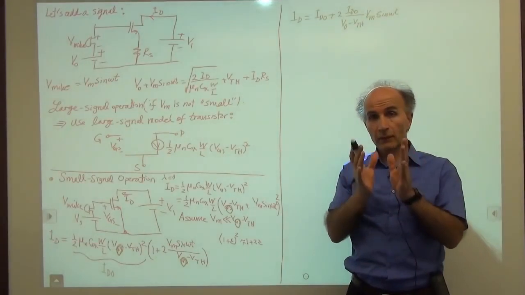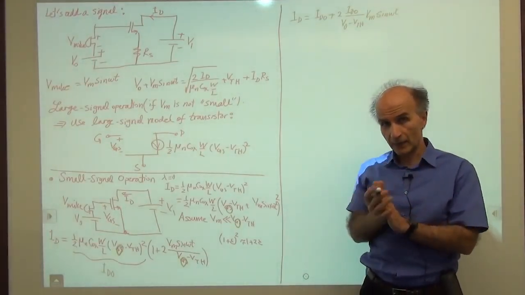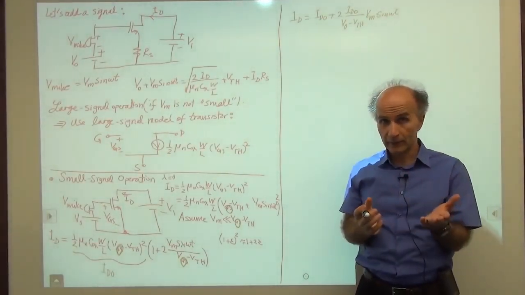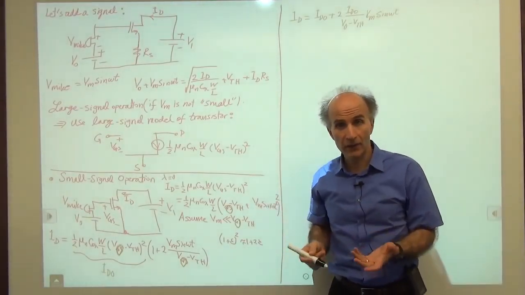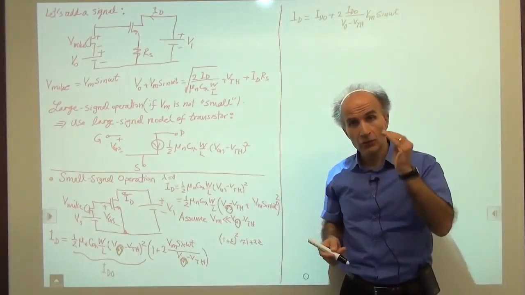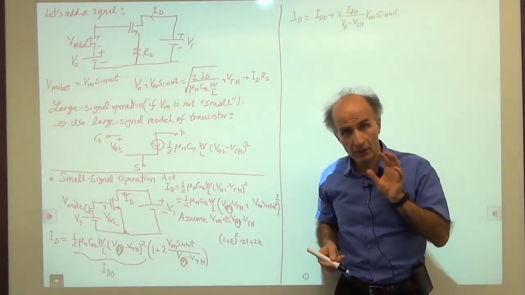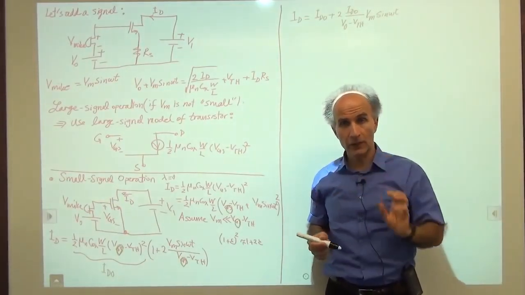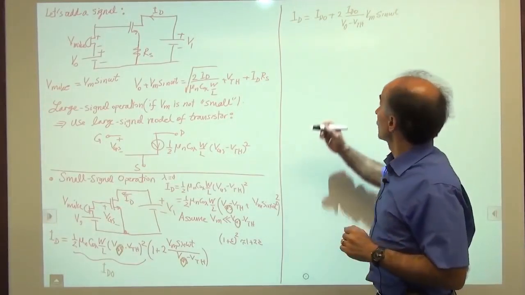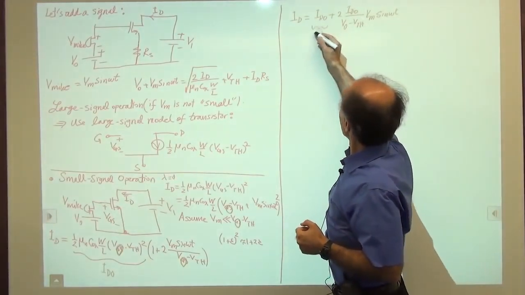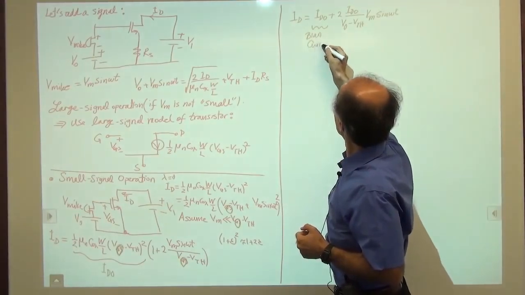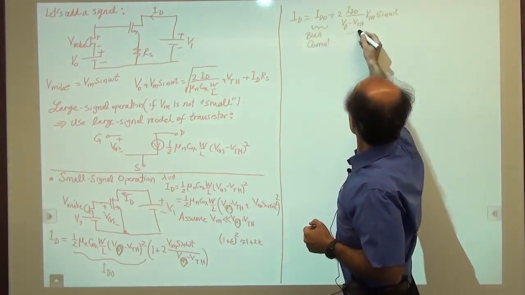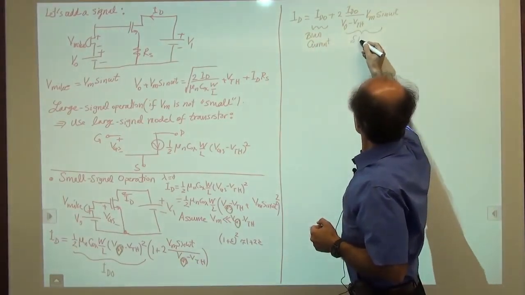The total current that flows through the transistor, ID, is equal to the bias current, of course we have a bias current, plus the signal current. The signal current is the perturbation created in the current when the signal comes in and is applied to the gate source, right? So we might call this the bias current, and we might call this the signal current.